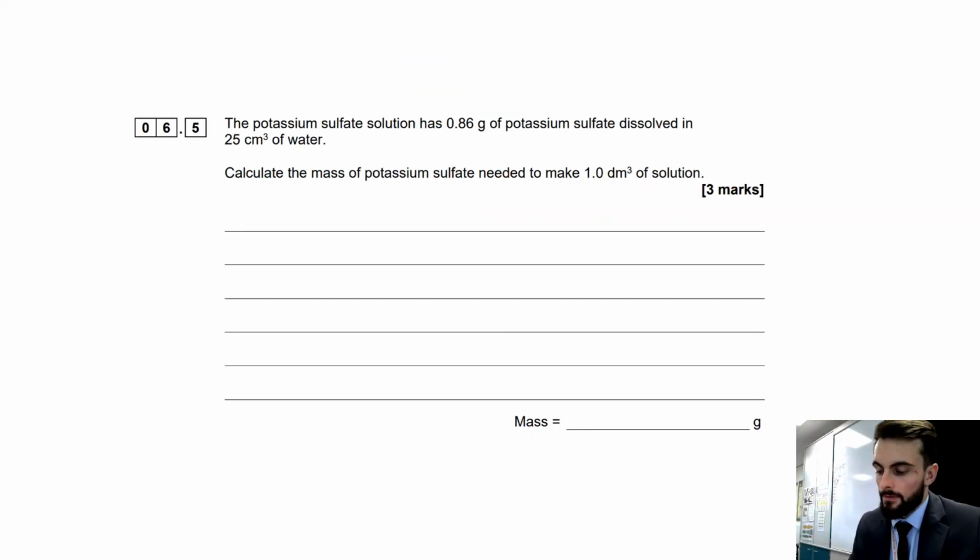So for this one, we've got 0.86 grams of potassium sulfate dissolved in a volume of water, 25 centimeters cubed. And it says calculate the mass of the salt needed to make 1 decimeter cubed of solution. So the first thing you need to highlight with this one, I'm thinking, is these 2 units are different.